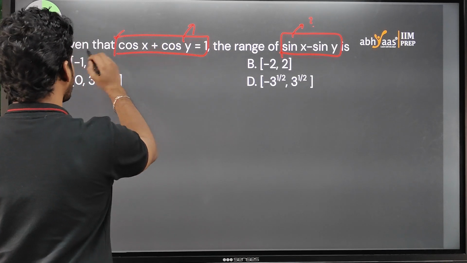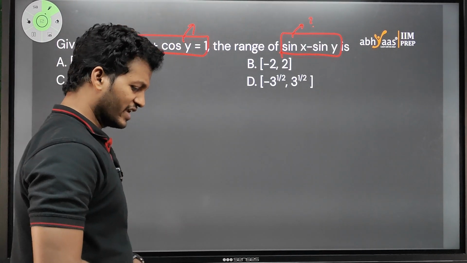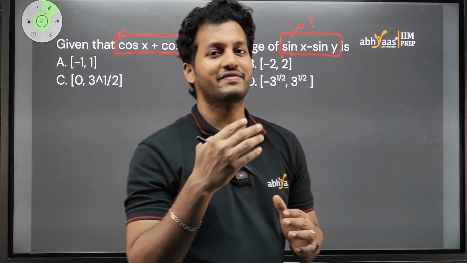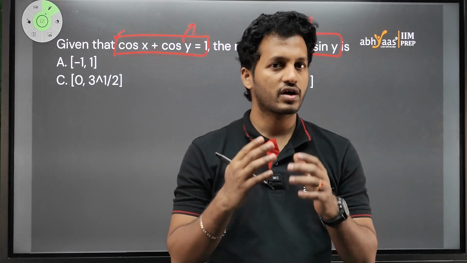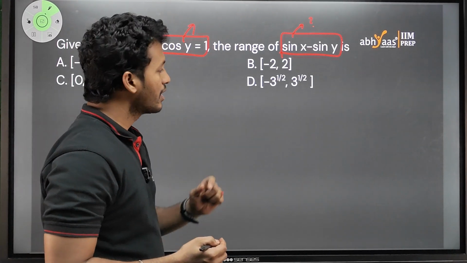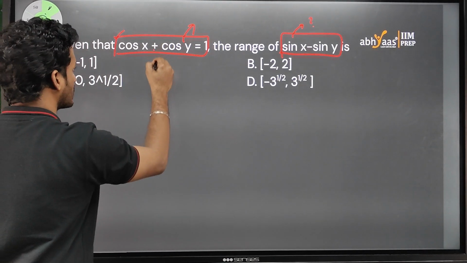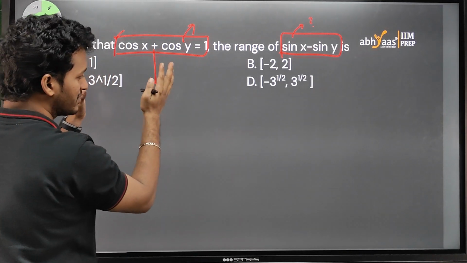Whenever any identity is given like this, try to apply your trigonometry knowledge. We have not discussed trigonometry yet, but let's try to solve this one. So cos a plus cos b equal to 1.